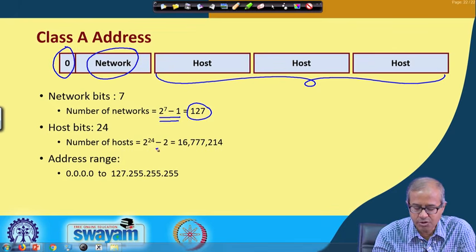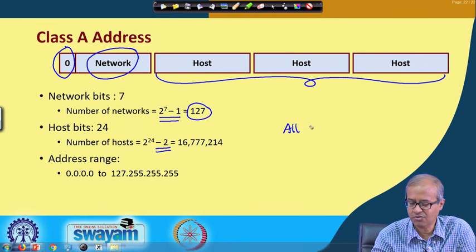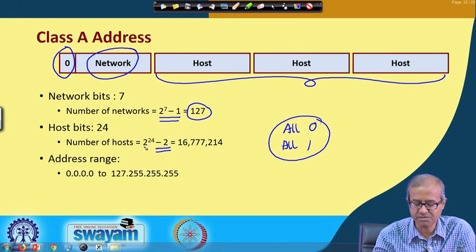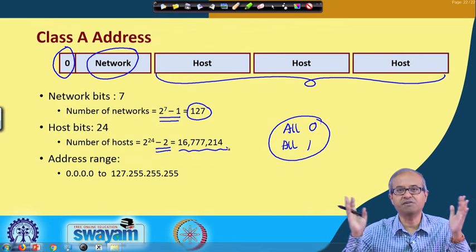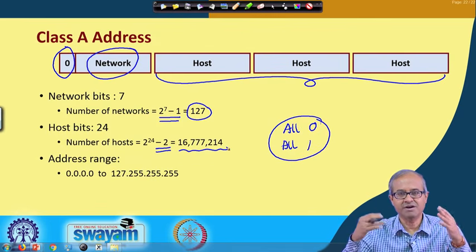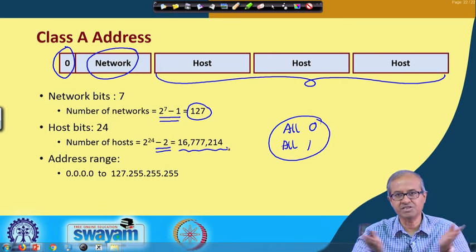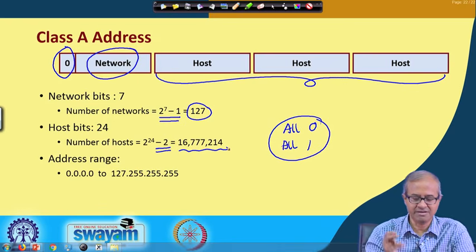Out of that, 2 combinations, the all 0 and all 1, are used for special purposes, as we will see later. So this becomes 2 to the 24 minus 2, which is of the order of 16 million. This is used for very large networks, up to 16 million computers in a single network.